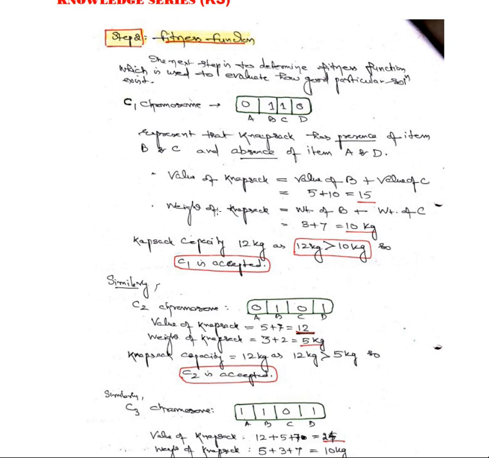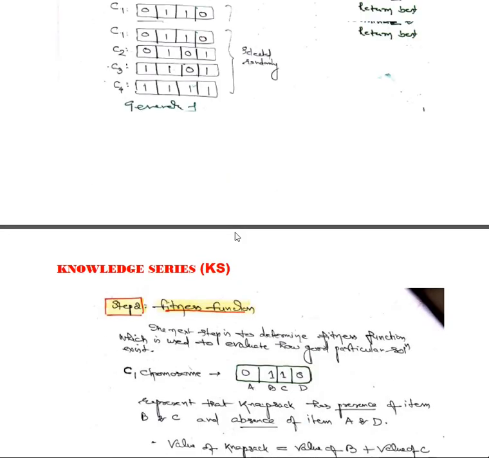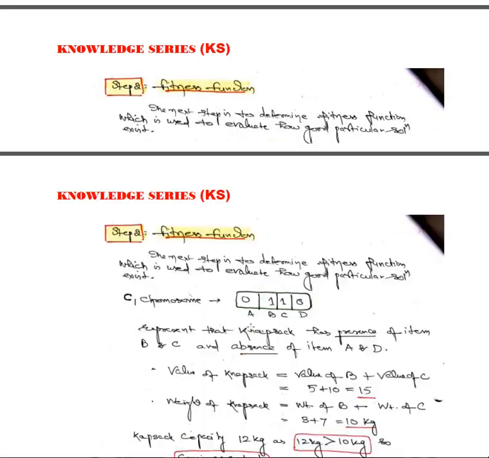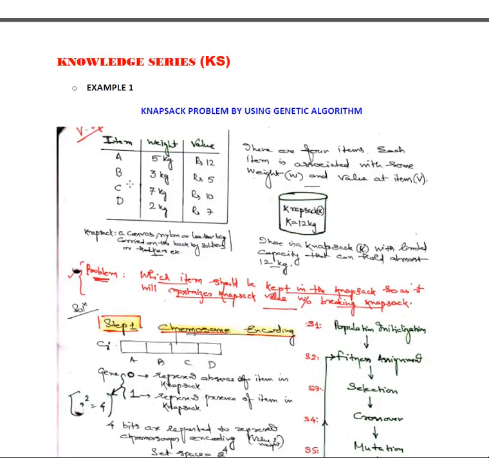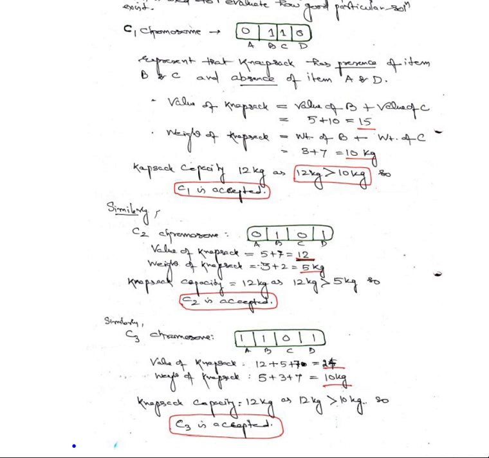Similarly we go for C2 and try to see 0 1 0, so we take the knapsack value 3 and 5. You can see that these two values, first B and D, so 5 and 7, and 3 and 2. 5 and 7 is 12, 3 and 2 is 5, so 12 kg is greater than 5 kg. You focus on the weight because value is not the consideration here.